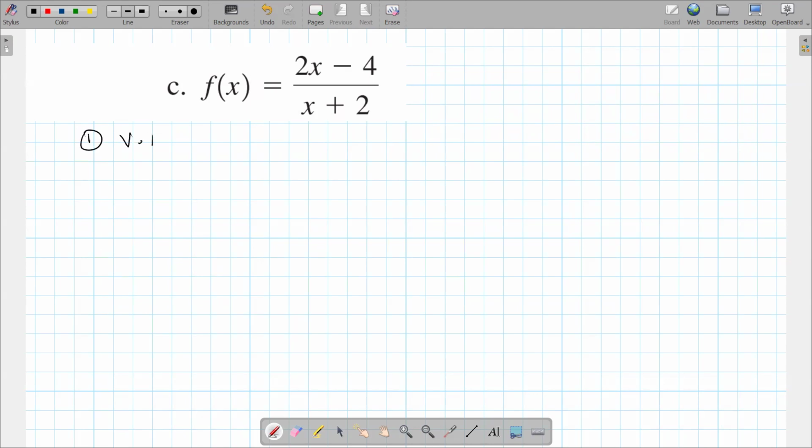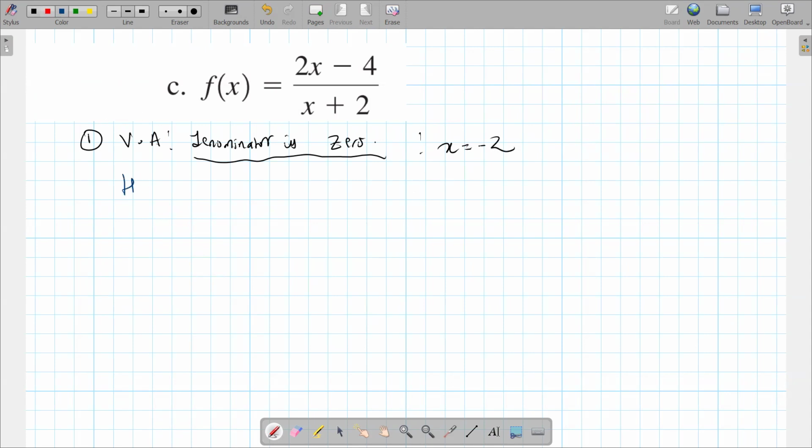You want to find your vertical asymptotes. That is when the denominator is 0. For which value of x is the denominator 0? -2. So we have a vertical asymptote at x = -2.